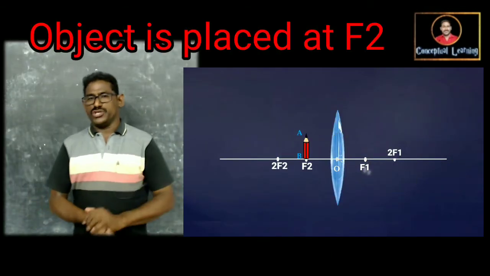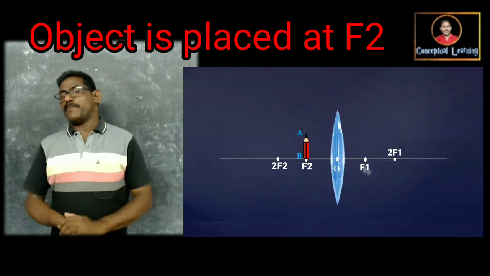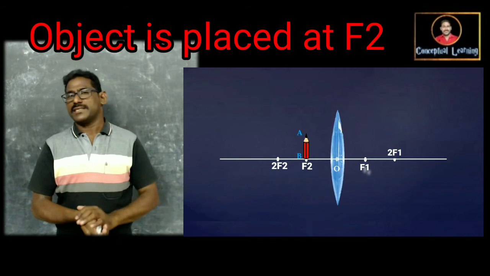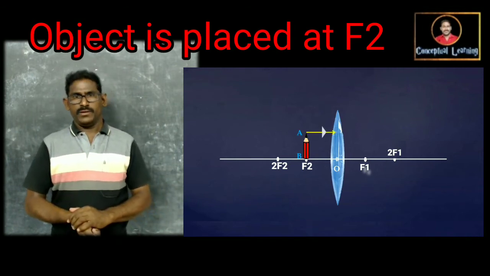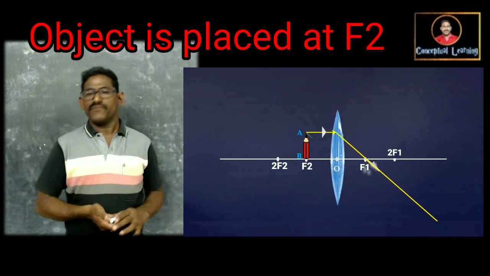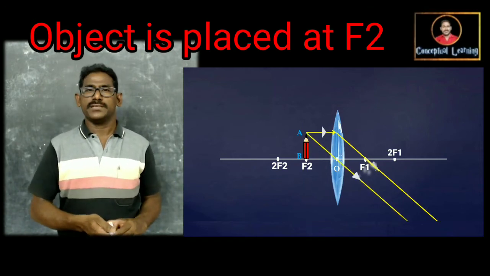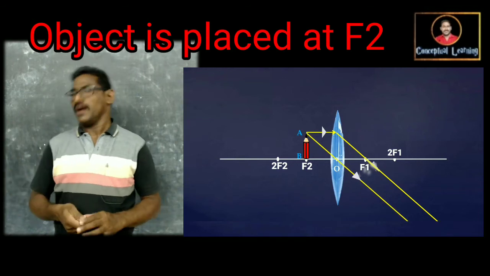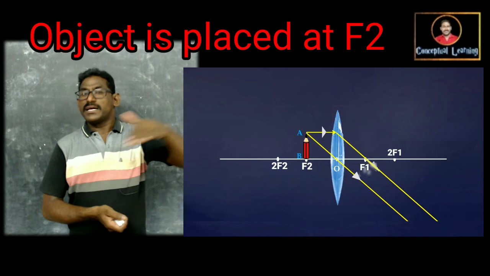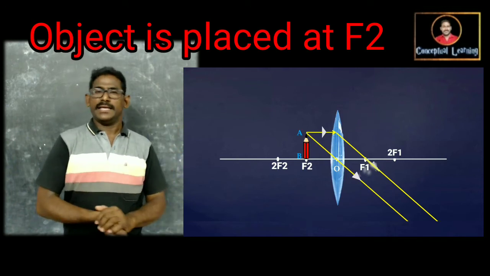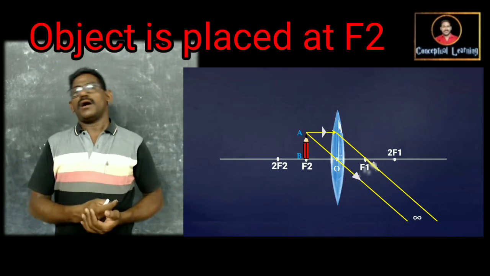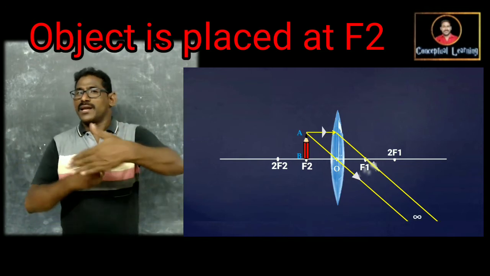Now the fifth position, if the object is placed on F2 on the principal axis of a convex lens, the first ray, which is parallel to the principal axis, after refraction passes through the principal focus on the other side. In the same way, the ray which is passing through the optic center is undeviated. These two refracted rays are parallel to each other.